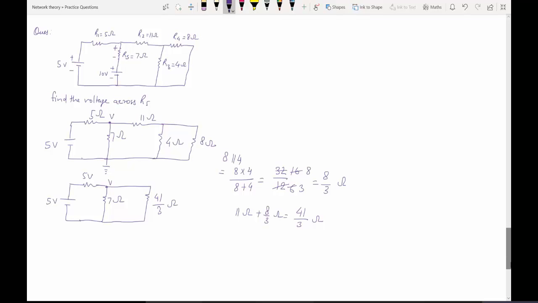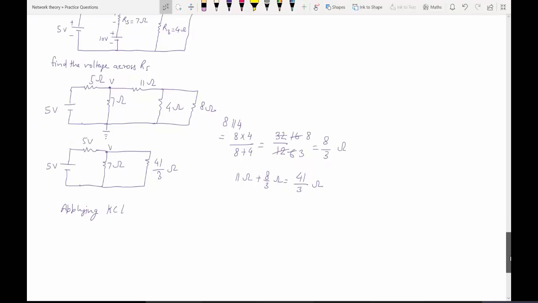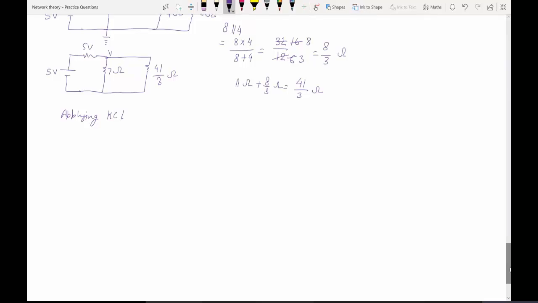Now, how to calculate V here? Now we can apply KCL here at this point. So applying KCL. How to apply KCL? When you want to apply the KCL, write it as, suppose V minus 5 upon 5.